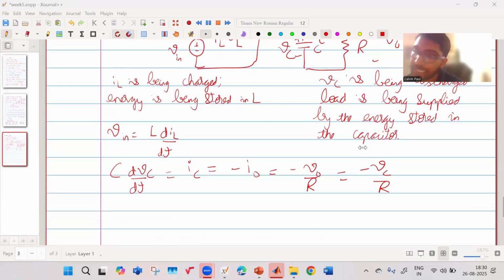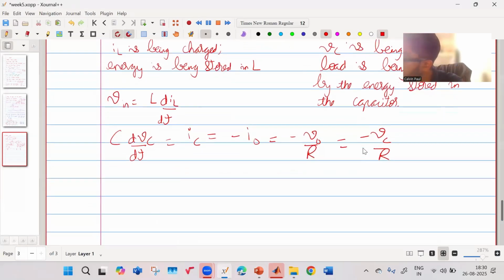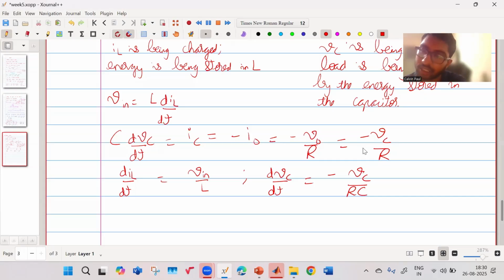What we do in state space analysis is, first I will write dIL by dt equal to Vin upon L. And my dVc upon dt is equal to minus Vc upon RC. Okay, these are the two equations I got. These are two dynamical equations for the system when it is in circuit A.